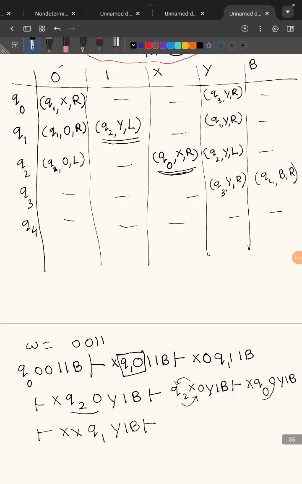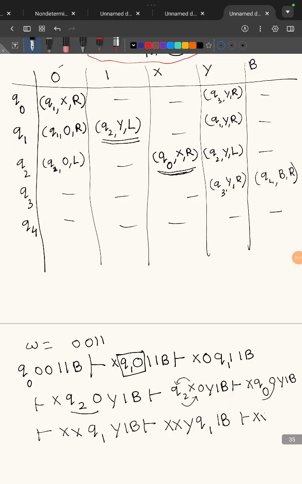Now Q1, the input symbol is Y. We will not do anything, it will be X X Y Q1 1 B. Now we are having Q1 1. What we will do, we will change the 1 to Y and move the pointer towards the left-hand side direction.